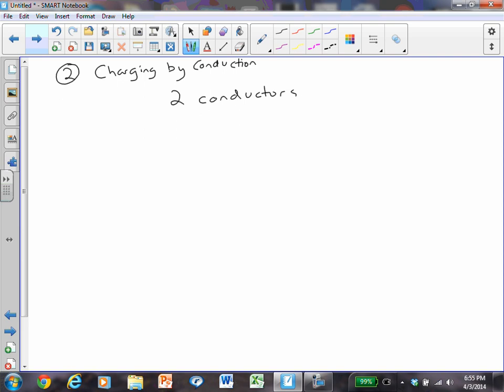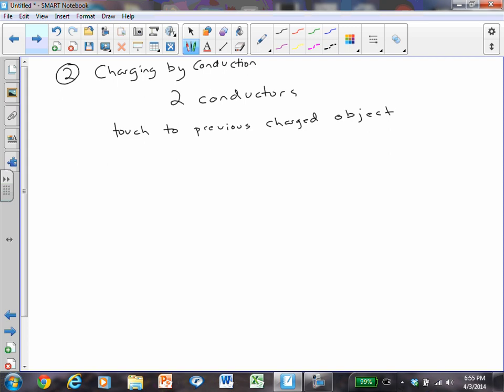The second method of charging an object is by touching it with another previously charged object. And we need two conductors for this to work.